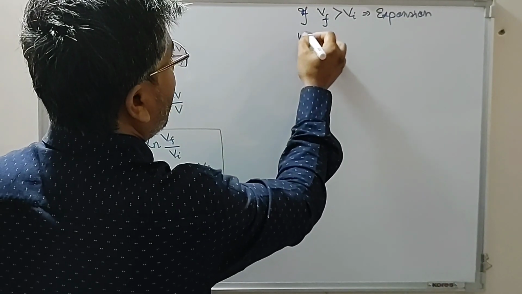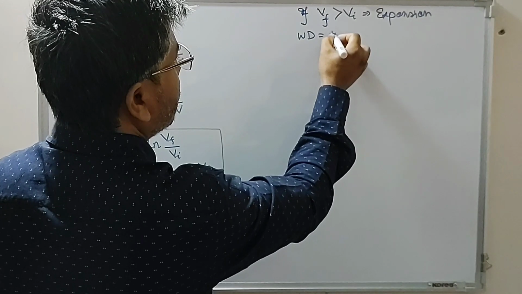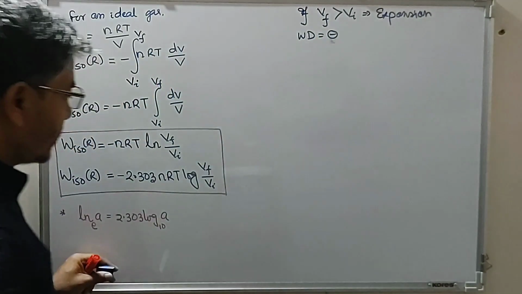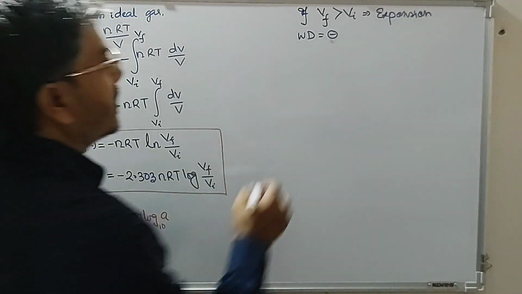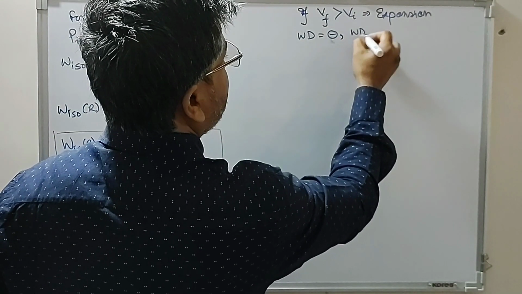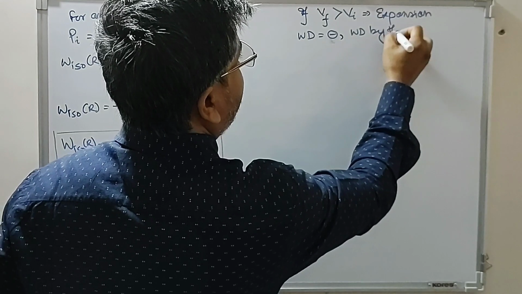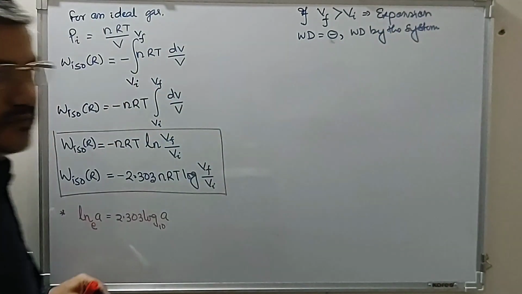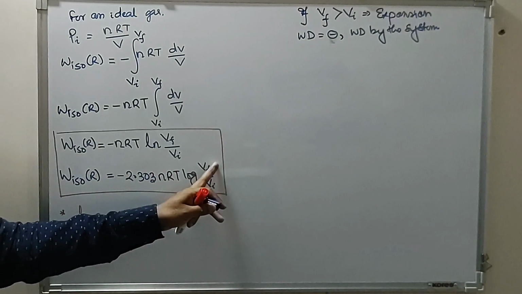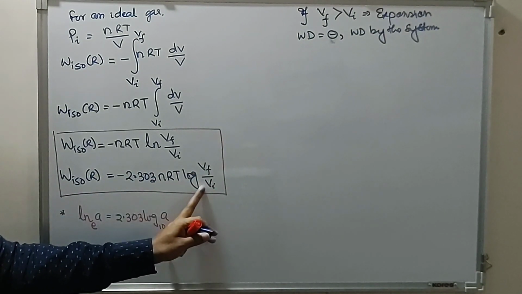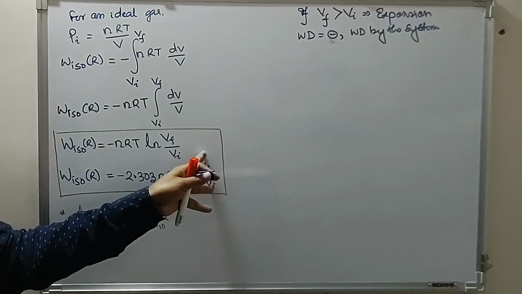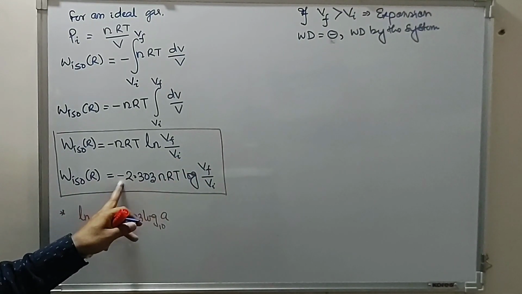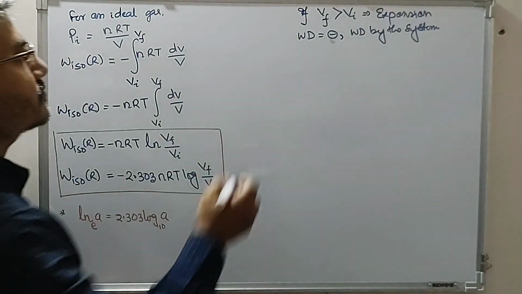So work done is negative. If work done is negative, then this is known as work done by the system. Final value greater than initial value, ratio greater than 1, log of something greater than 1 is positive, so the work done comes out to be negative.